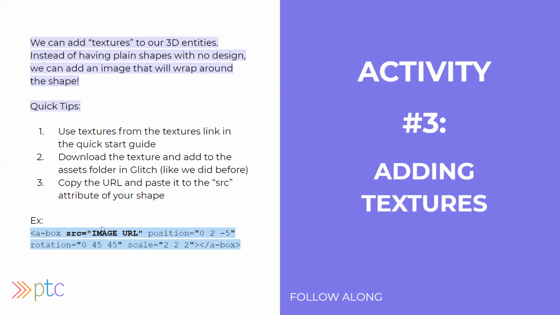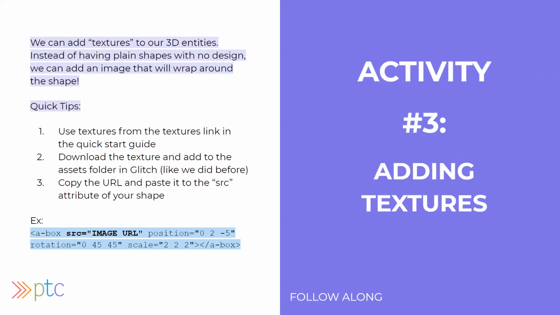Now, a quick note, you can't just paste any image URL into the double quotes, because as it says on the slide, you do have to download the image and then upload it back to your assets folder, like we did with the 360 photo. And then from that assets folder that you uploaded into Glitch, you can copy the link and then place the link into the source attribute. So that's how we're gonna add texture to our 3D entities.